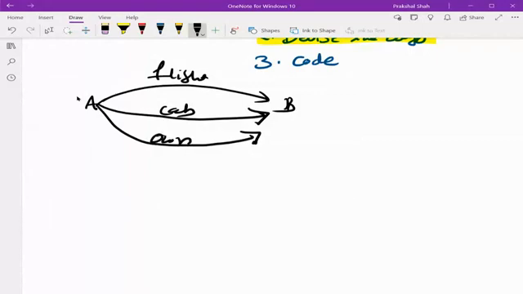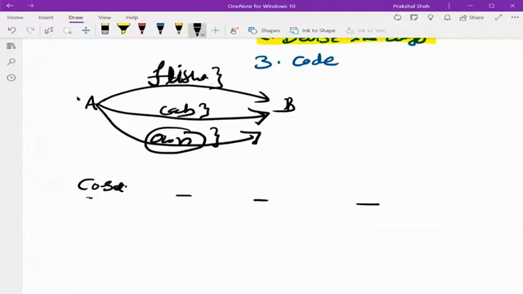Now you will ask me, sir, which is better? I'll ask you on which basis you are asking the question. What is your meaningful criteria? If your criteria is cost, then obviously your own vehicle would be the cheapest one. Similarly, for every other criteria, some other answer would be better. You cannot choose one answer every time. There can be multiple choices depending on your requirement.